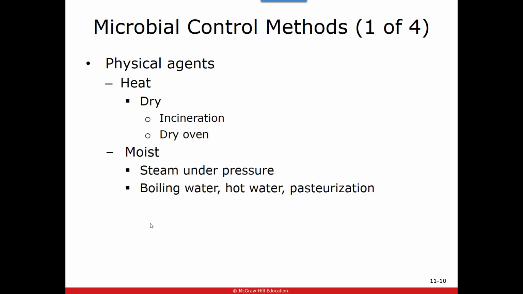We're going to talk about some physical agents, different physical ways we can kill them, including using heat. And there's dry heat and moist heat. I always tell students this is not a great lecture if you don't like the word moist, because I say it quite a bit in this PowerPoint. So there's dry heat and moist heat, and we'll talk about different methods.